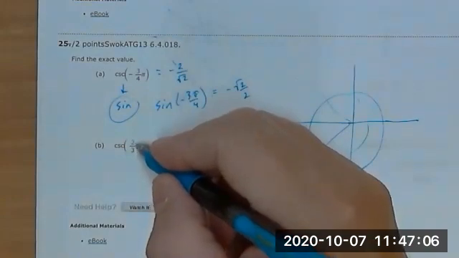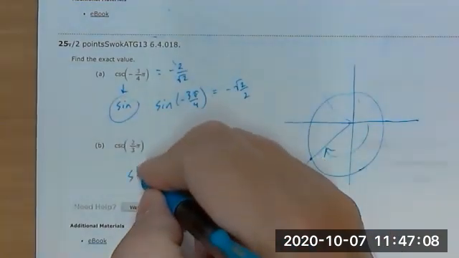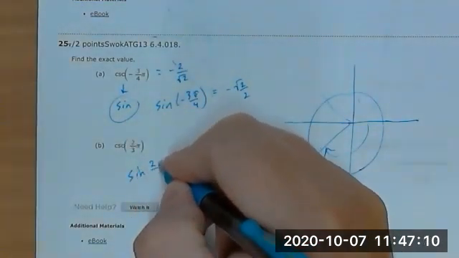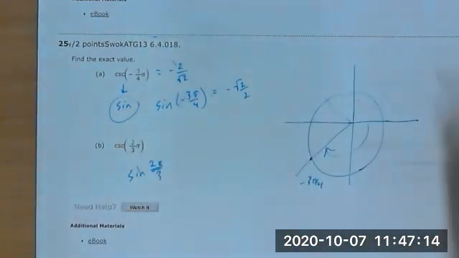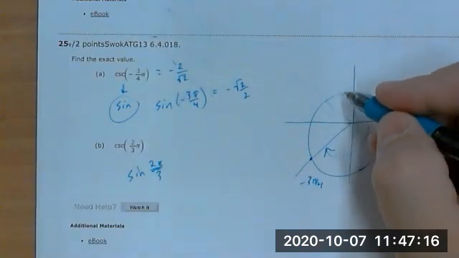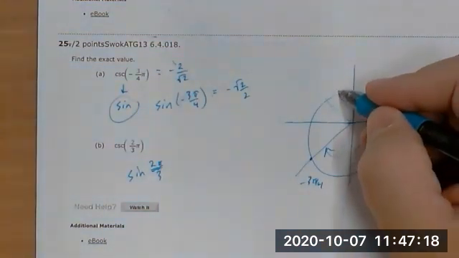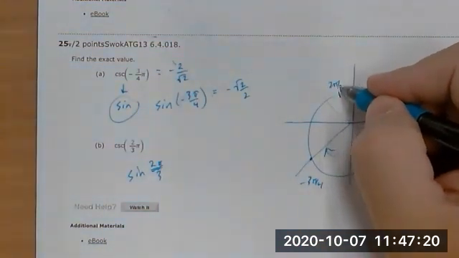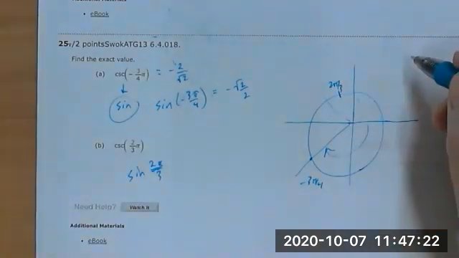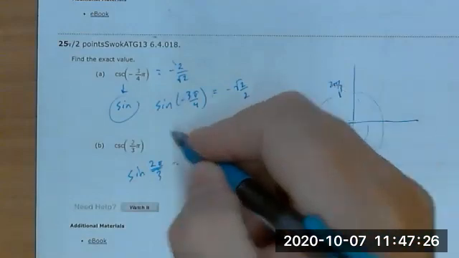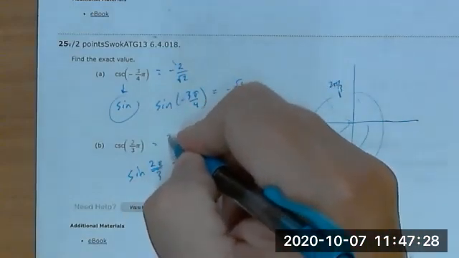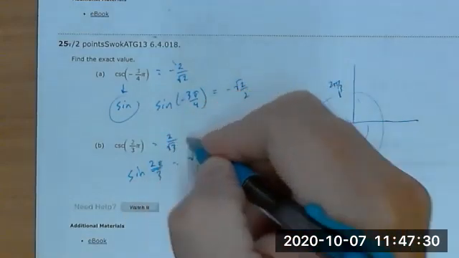Cosecant 2 pi over 3, same thing. Let's go find the sine of 2 pi over 3. And then we'll flip it. 2 pi over 3 is right here. I know the sine is √3/2, which means the cosecant must be 2 over √3.